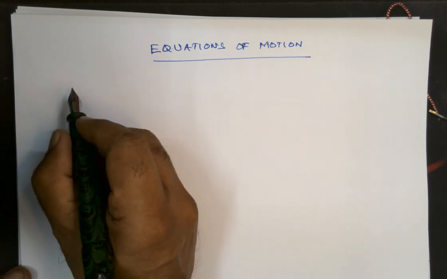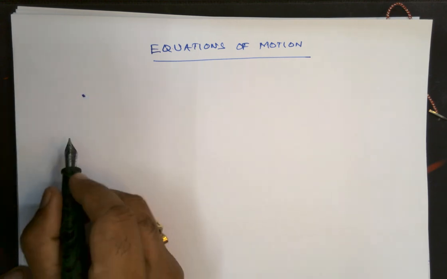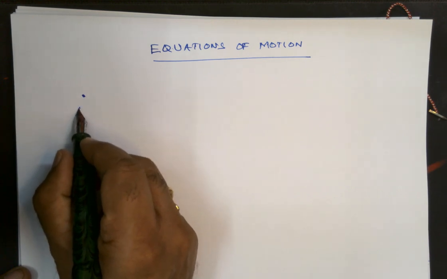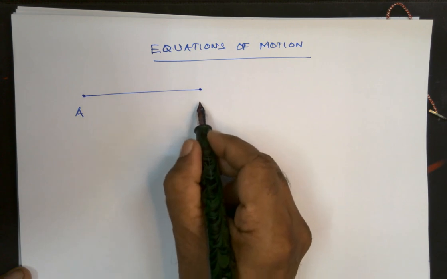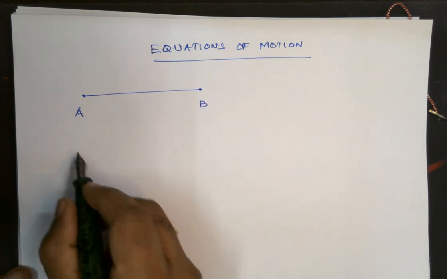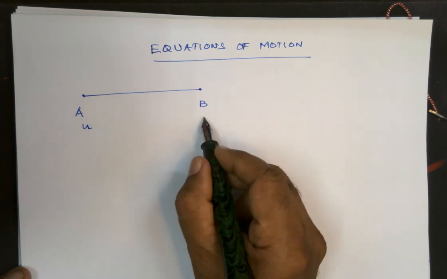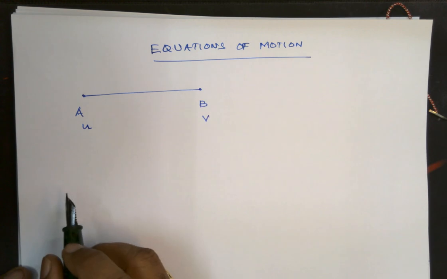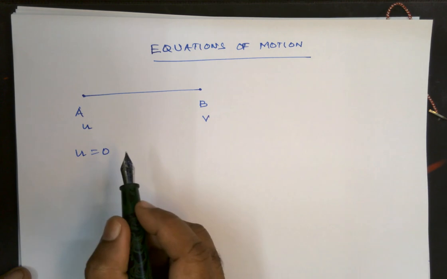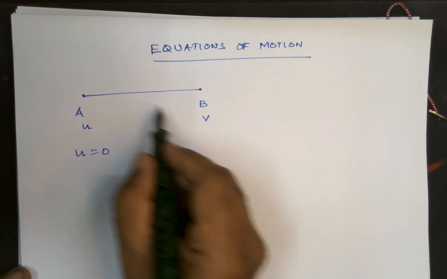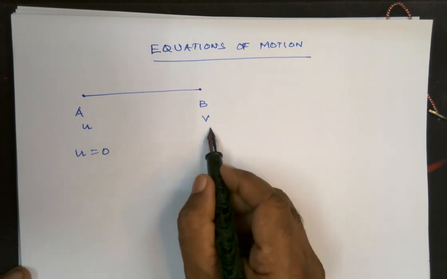Let us consider a body moving, starting from A and reaching B. Let me say this is the initial velocity, this is the final velocity. When it starts, probably u is equal to 0 because it is starting, and it reaches a maximum velocity, so there will be some final velocity here.